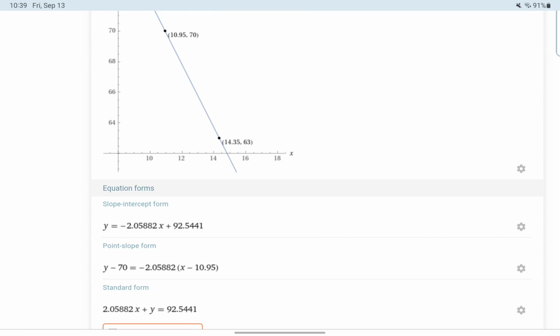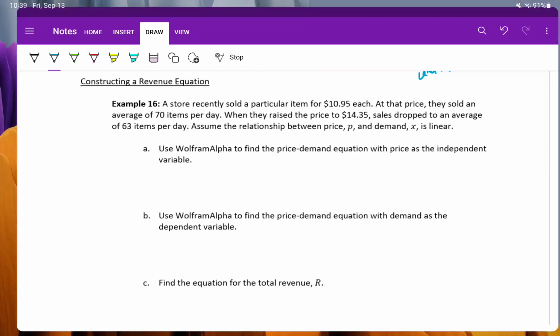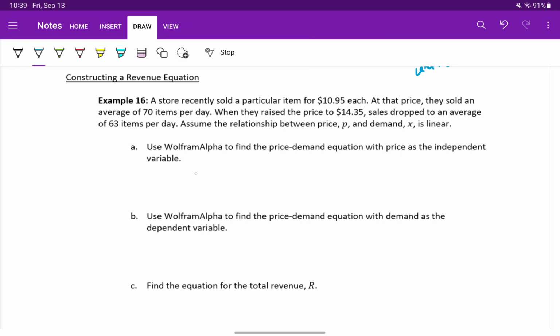And we'll generate that linear equation in slope-intercept form. Rounding our values to 2 decimal places, we end up with the equation x equals negative 2.059 times P plus 92.54.